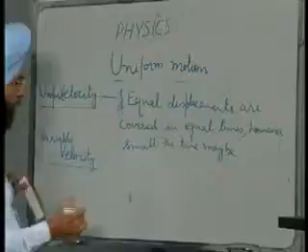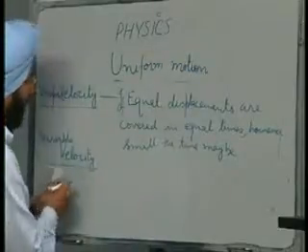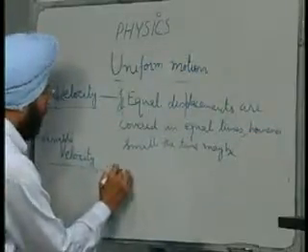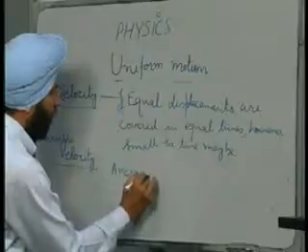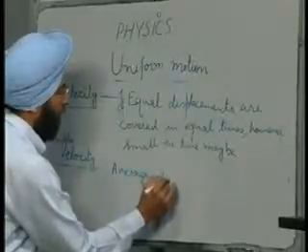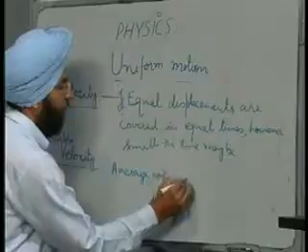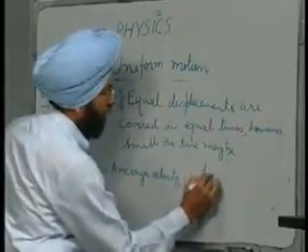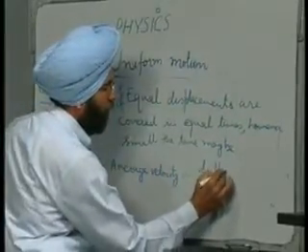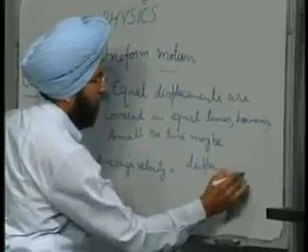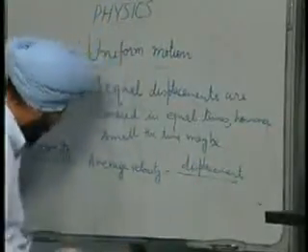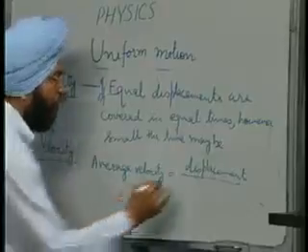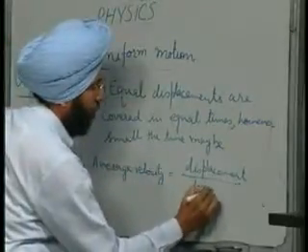Now, we define another term, average velocity. Average velocity is displacement, total displacement, divided by the time taken.